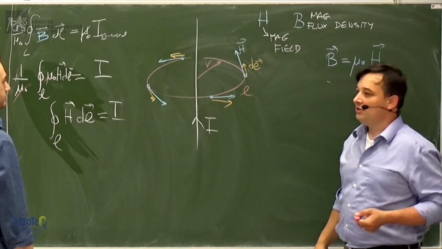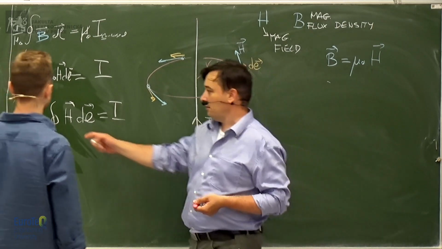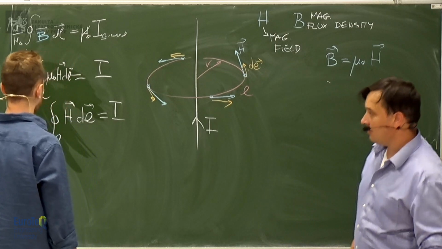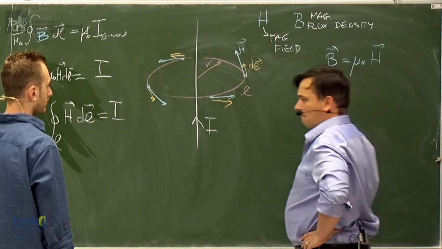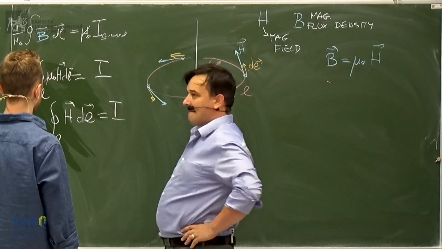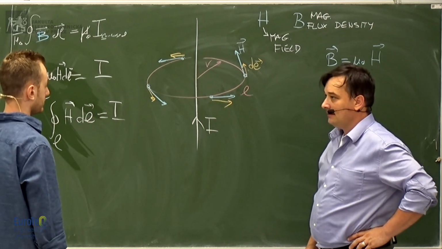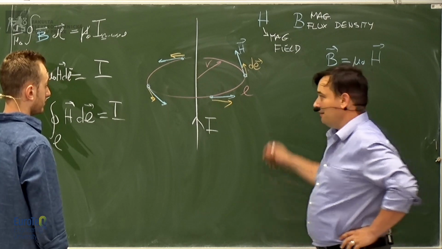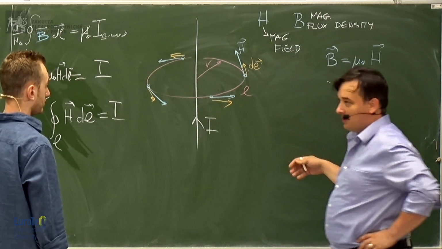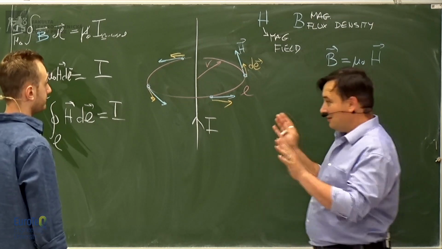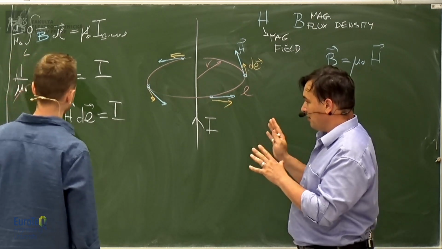Now, if I ask you what is the unit of measurement of H, what do you think it is? Weber? B is Weber per meter squared, Tesla, flux density. But don't think about that. Look at what happens now.